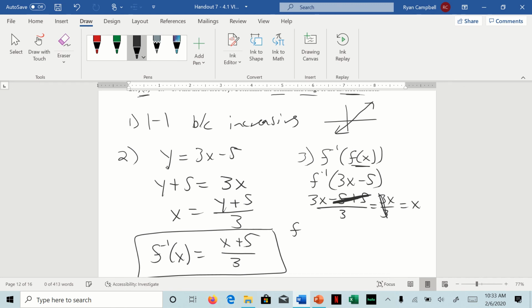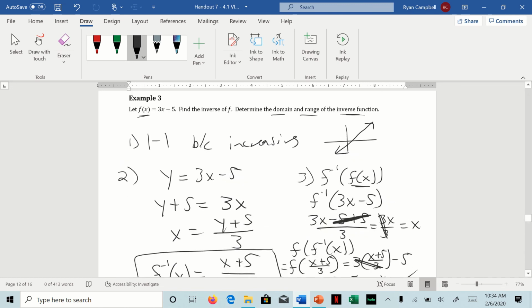Quick switch, and we can see f of (x plus 5) over 3 is going to be 3 times (x plus 5) over 3, minus 5. The 3's cancel, so we're left with x plus 5 minus 5. Those cancel, we get x. Perfect. So we know we did it right.